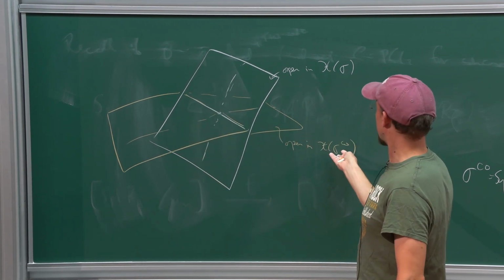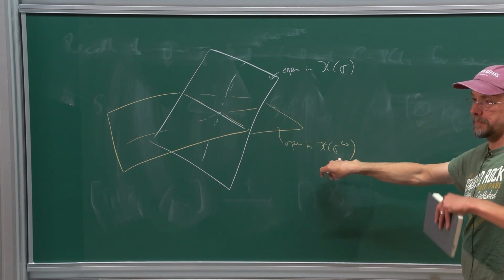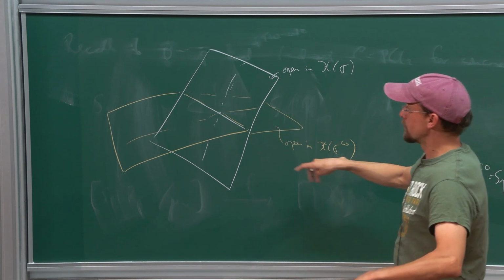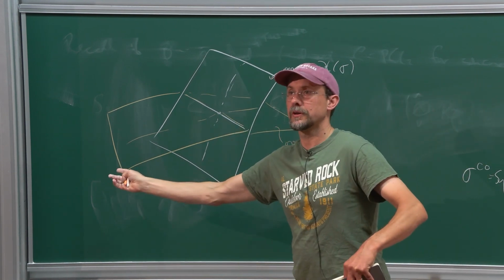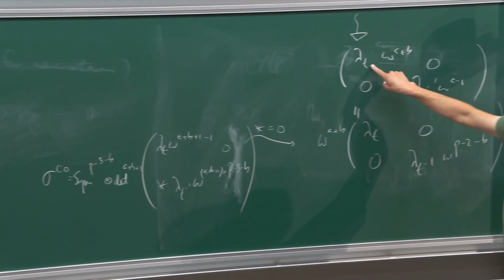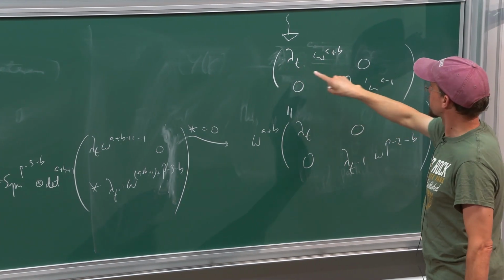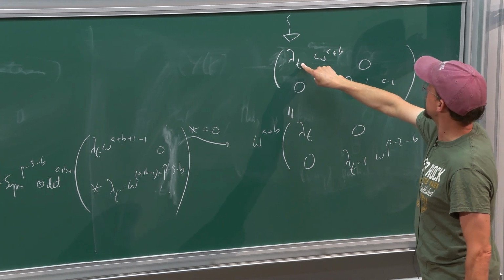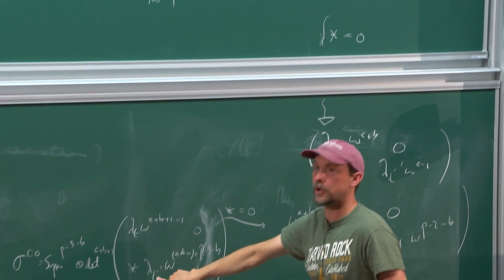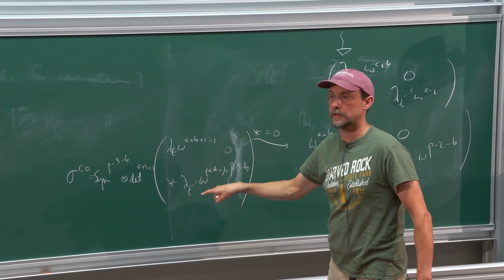And then X sigma co has an extra point in it, which is an irreducible representation. But it's not the dotted line I've drawn, because the parameter that X sigma thinks of as being t, the X sigma co thinks of as being t inverse.